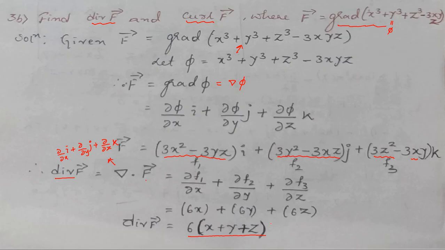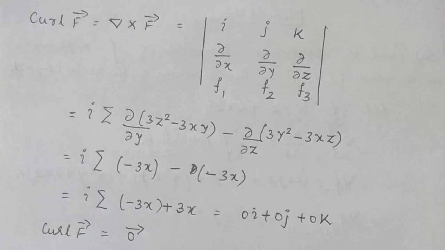Now we are yet to find curl f. You should know what f1, f2, f3 are. Keeping that in mind, we define del cross f as the determinant of i, j, k. The first row is filled with i, j, k. The second row is filled with the del operator, that is del by del x, del by del y, del by del z. The third row is filled with vector f, that is f1, f2, f3.